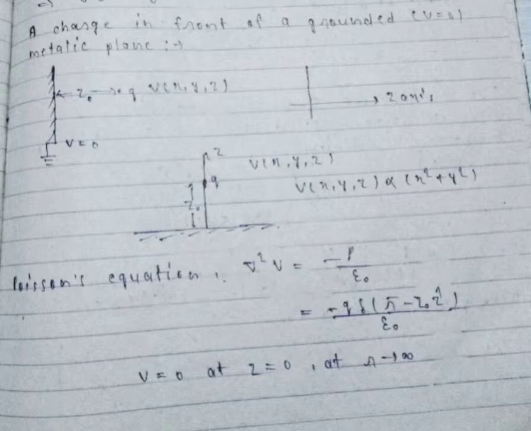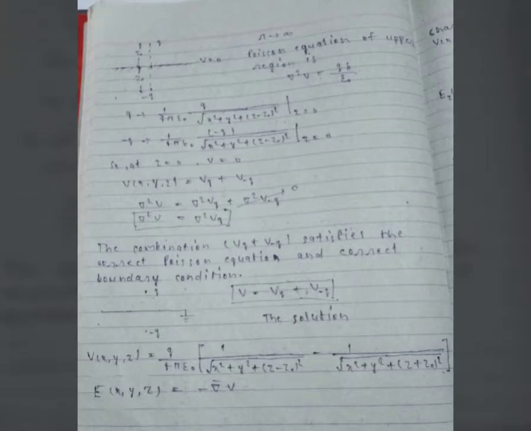And V is 0 at z equal to 0. This is the z equal to 0 plane, and all throughout outside, and at r equal to infinity. All right. I want to find the solution of this.